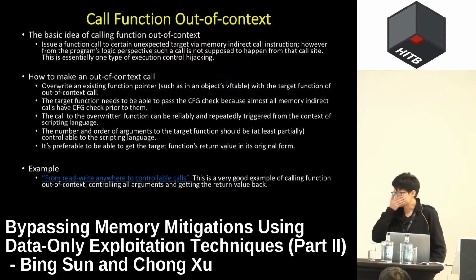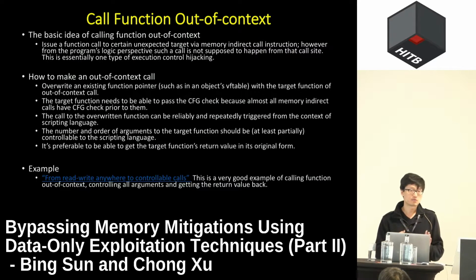For example, let's say we replace a function pointer in an object's VF table with a certain API, so that we can call that particular API through the object's method.